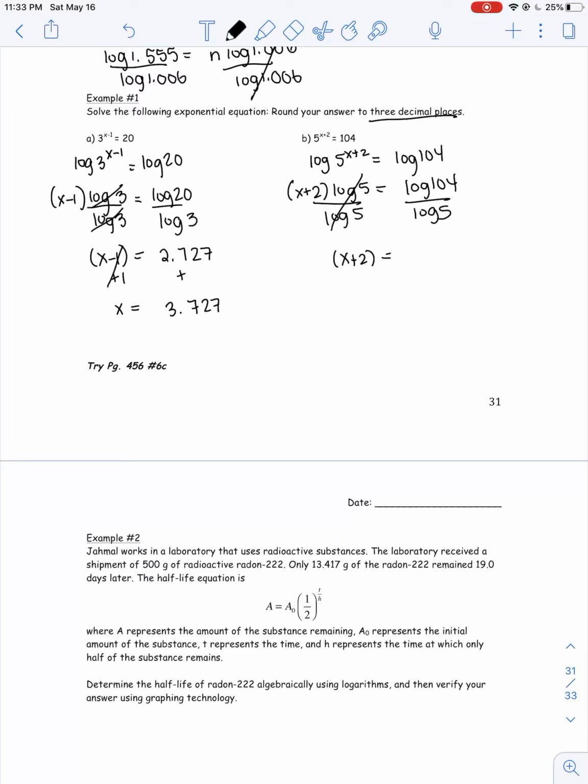So we have x plus 2 is equal to log 104 in our calculators divided by log 5. You should get 2.886. And finally, we want to subtract 2 to get x by itself. So x is equal to, if you subtract 2, 0.886 as our final answer.